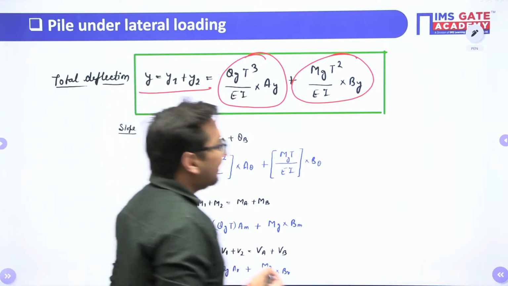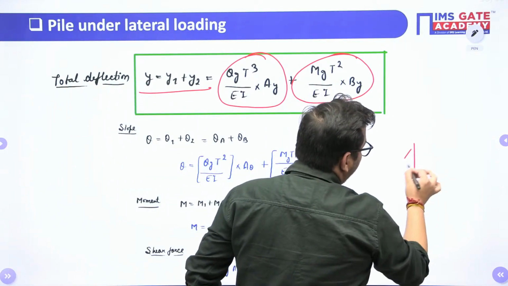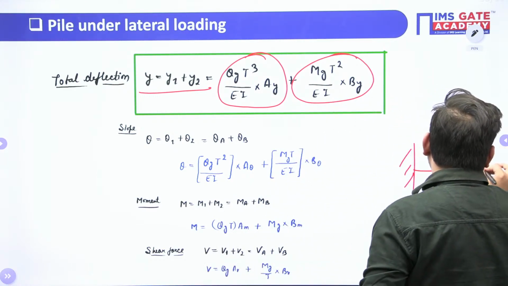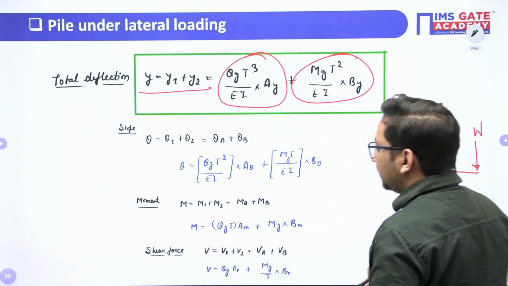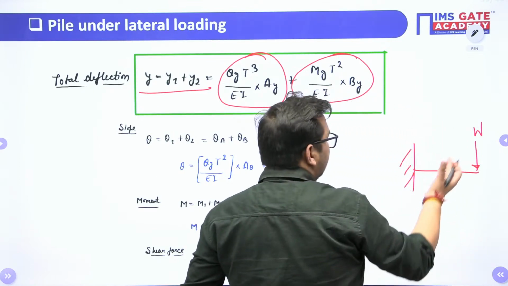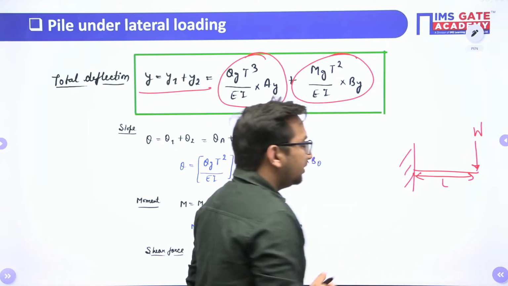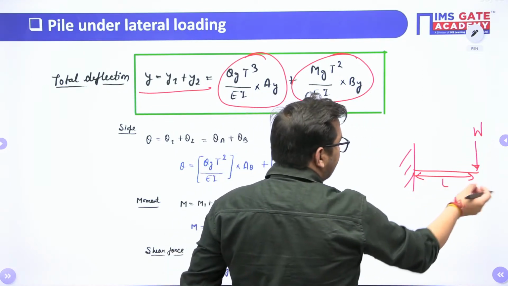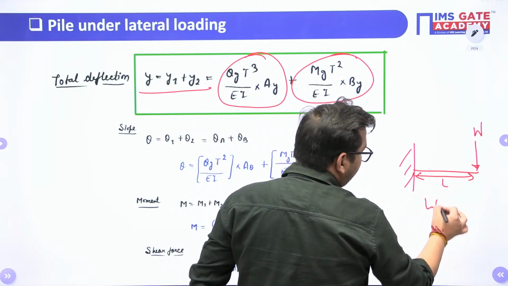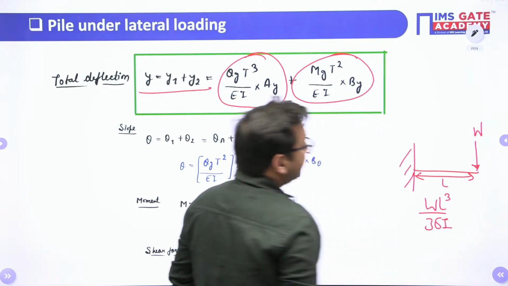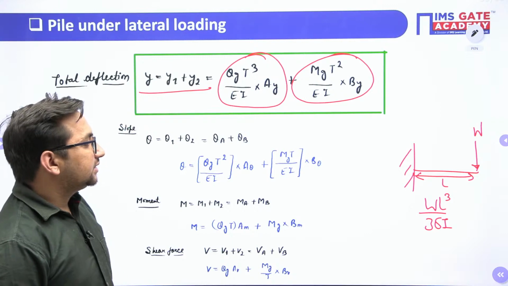You can also remember it like this. If you remember deflection in a beam, how to remember this formula? I am just giving you one method. Due to any particular load, let's suppose the beam has a length L. If I ask what the deflection at this point will be, you used to write that it will be WL cube upon 3EI.